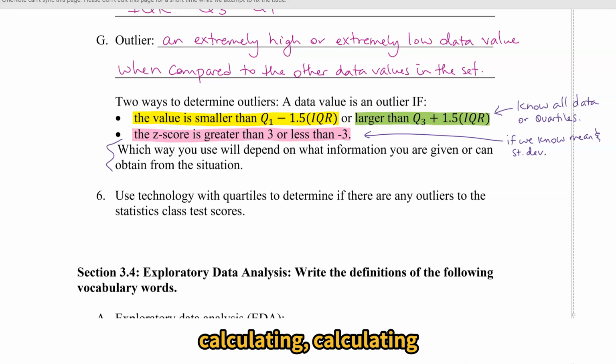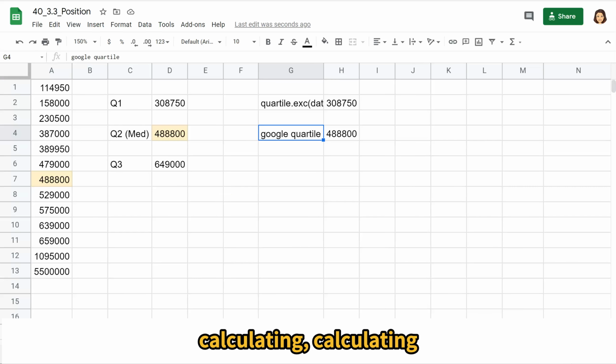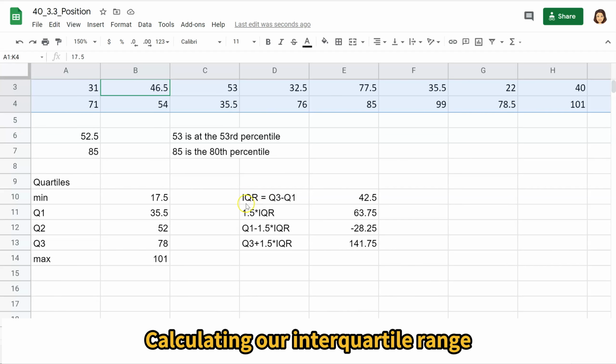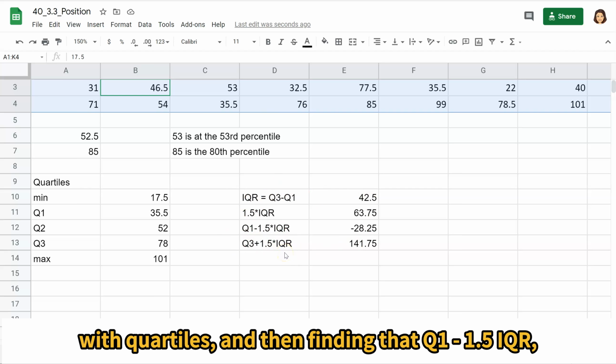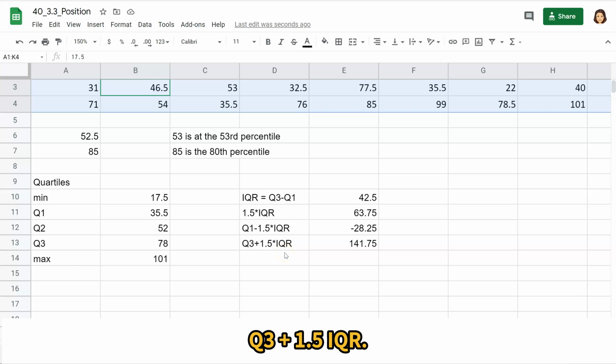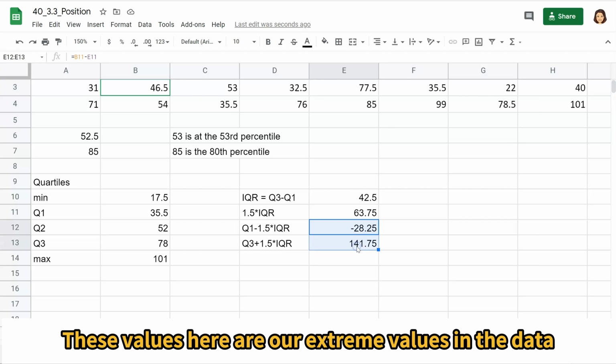First, calculating, if we're talking quartiles, calculating our interquartile range with quartiles, and then finding that Q1 minus 1.5 IQR, Q3 plus 1.5 IQR. These values here are our extreme values in the data set.